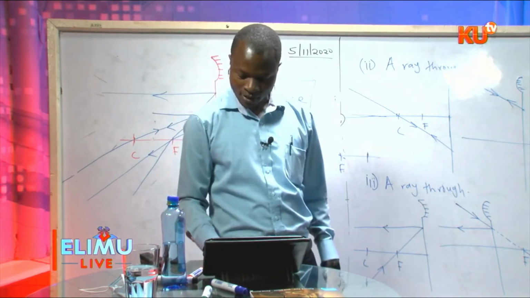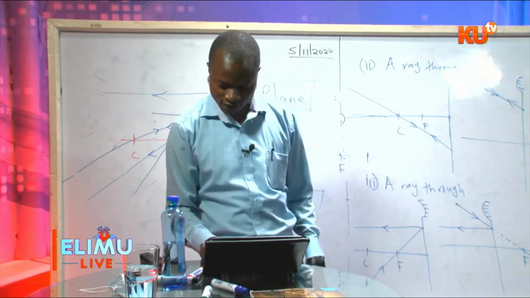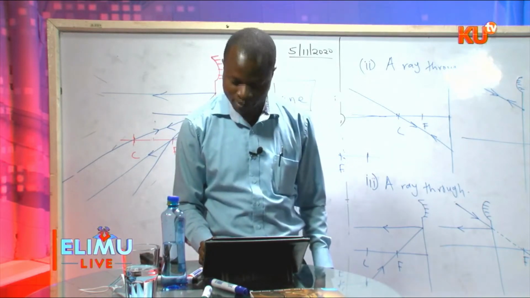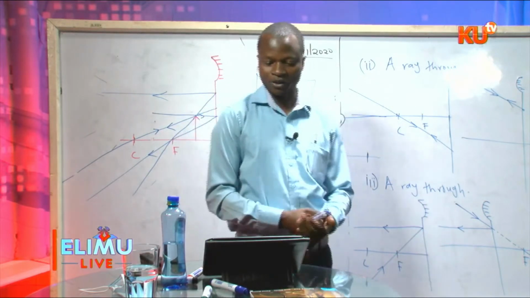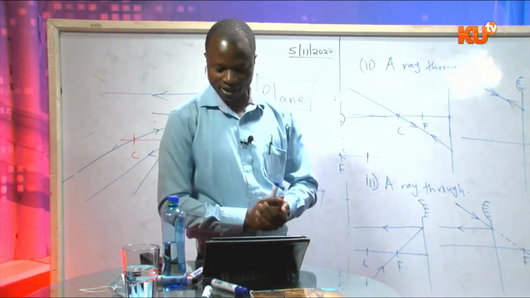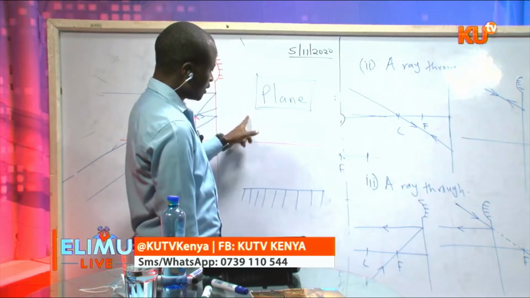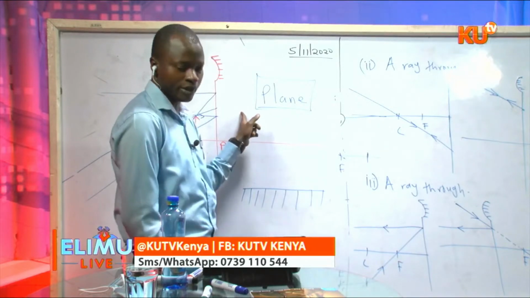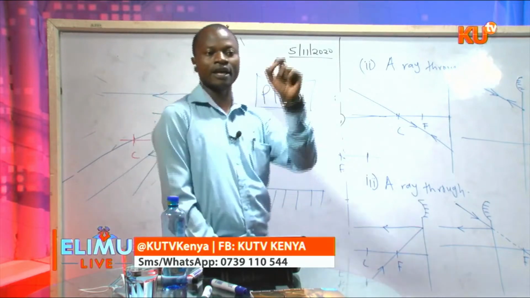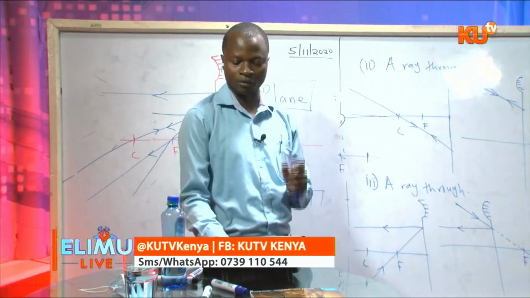And then lastly, why is it that when you look at yourself in a spoon, your image appears upside down? A very good question. We shall look at it using ray diagrams, the image formation and characteristics, in our next lesson so that you understand well.